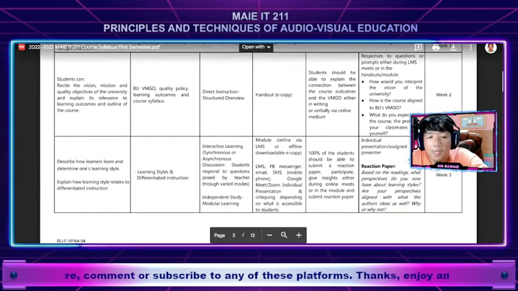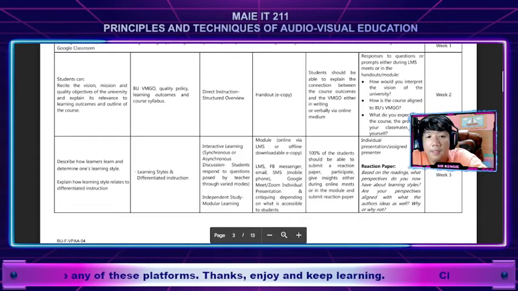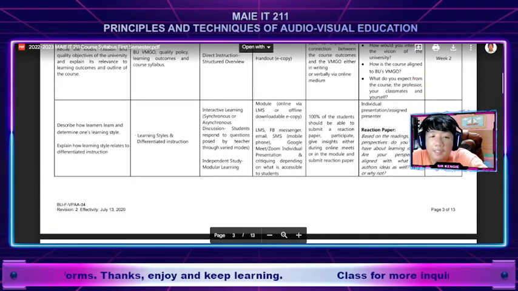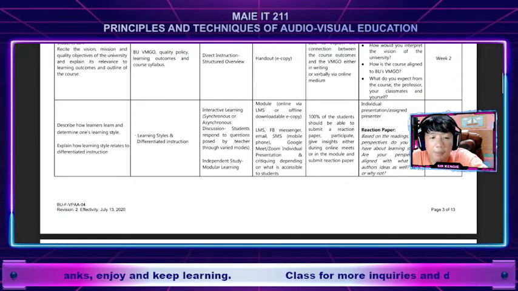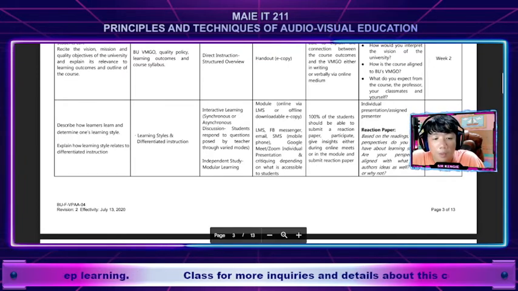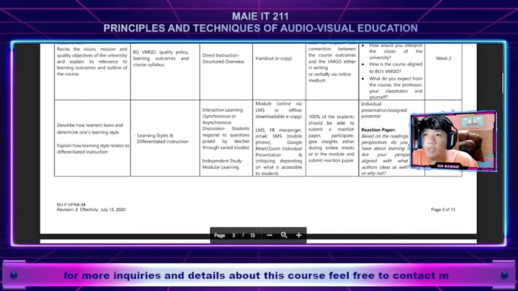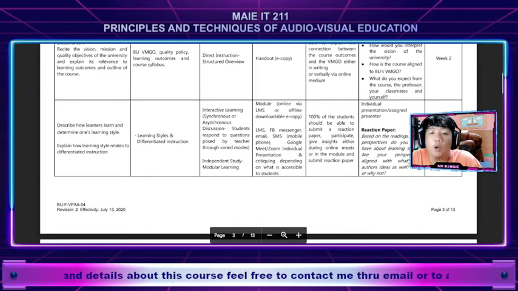Okay. So another interesting topic to be covered after the VMGO is the learning style and differentiated instruction. So I'll just give you a simple overview. When we say differentiated instruction, it is one of the teaching approaches that tailors instruction to all students' learning needs.